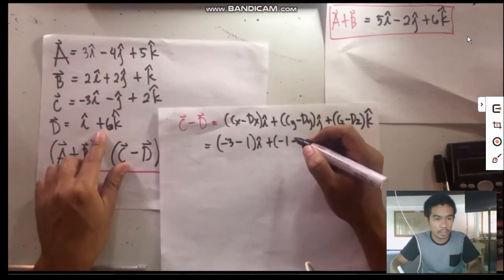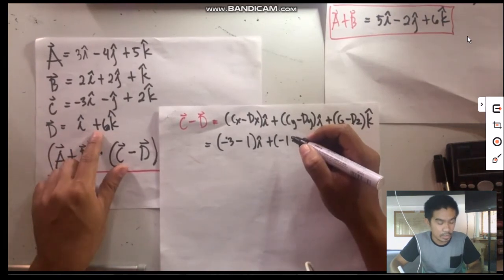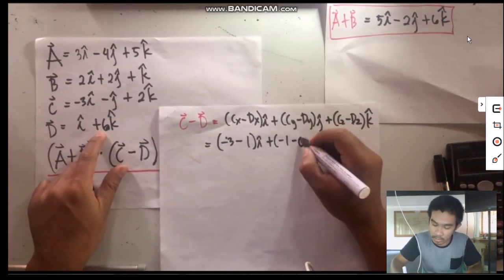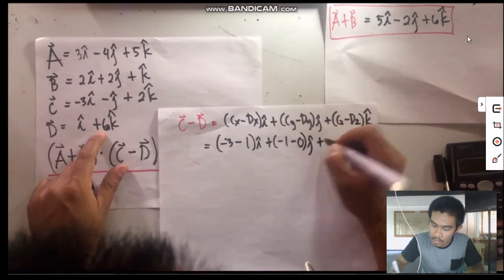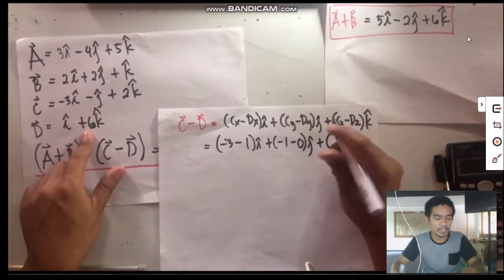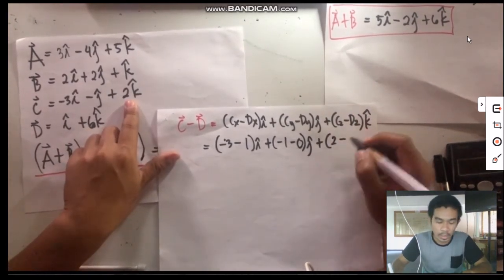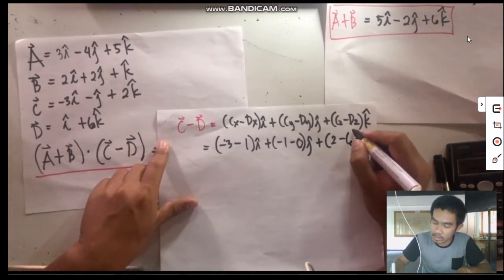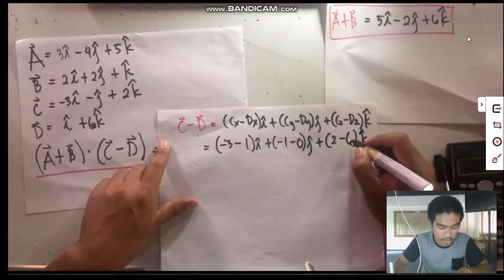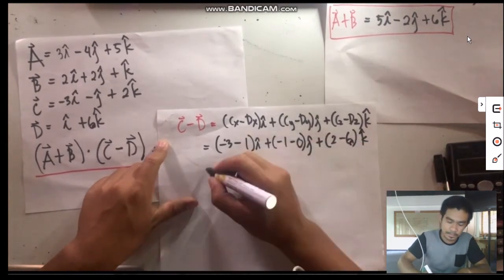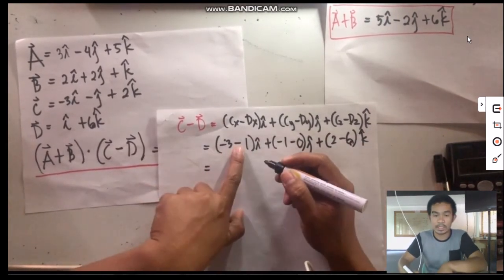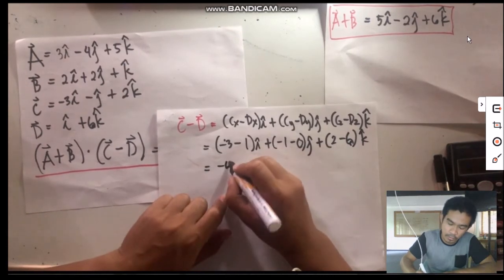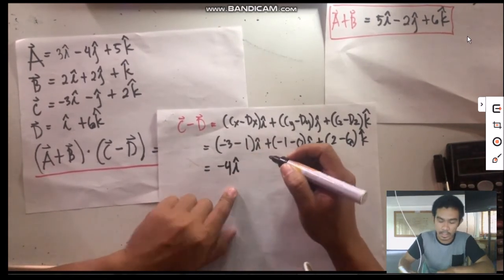Look at vector D, it has no Y component, so this is 0, plus CZ, that is 2, minus DZ, which is 6, K hat, right? So what is negative 3 minus 1? That's negative 4 I hat.